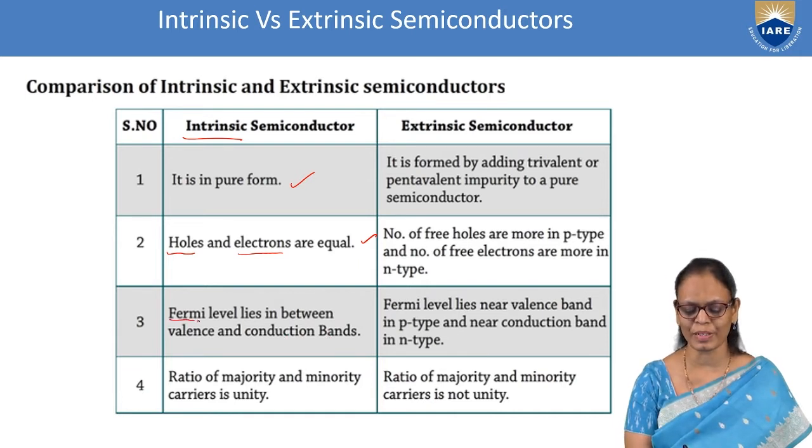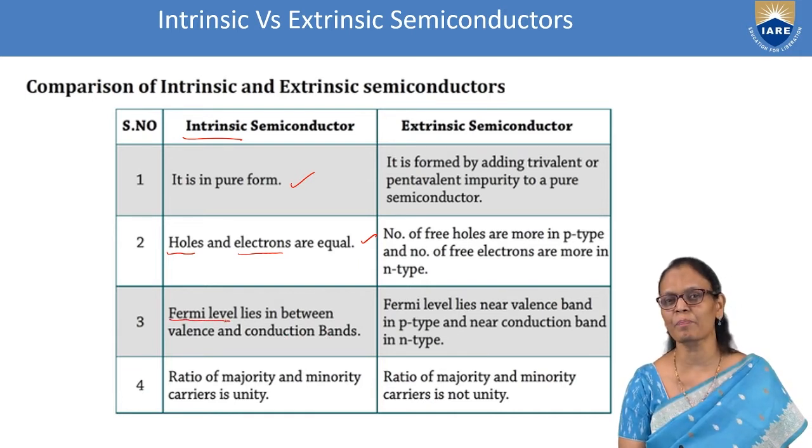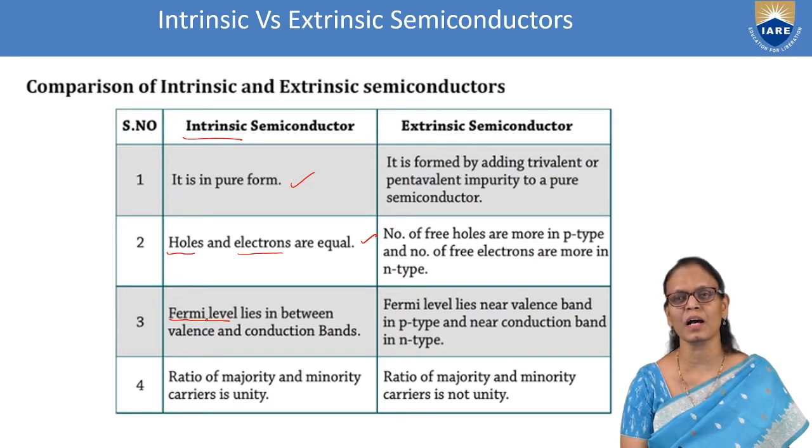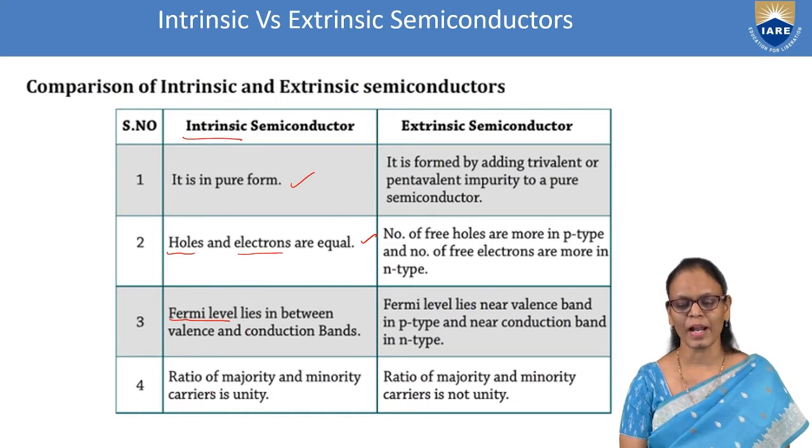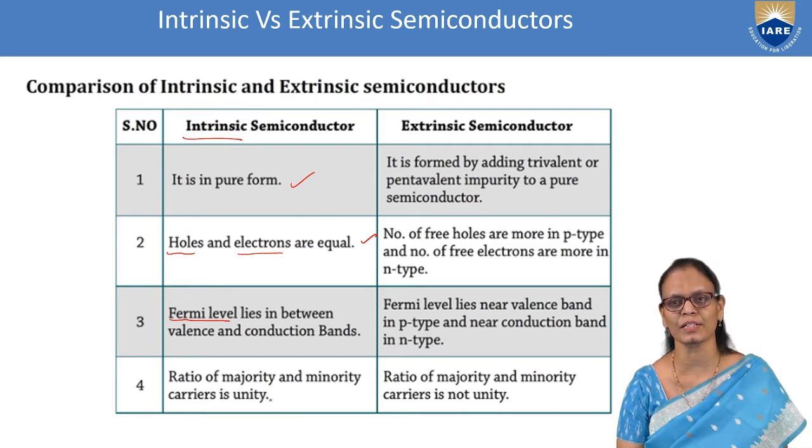So what is this Fermi level? Fermi level represents the energy level which is the highest occupied. This is in between the valence band and the conduction band, and the ratio of majority and minority carriers is unity.